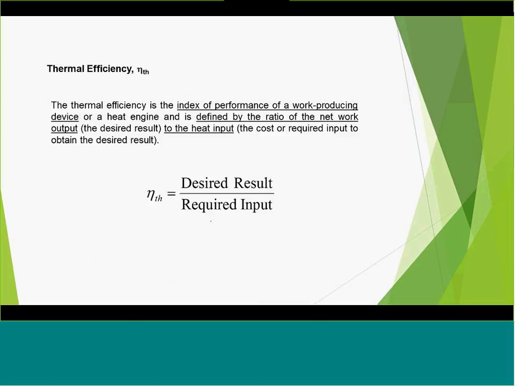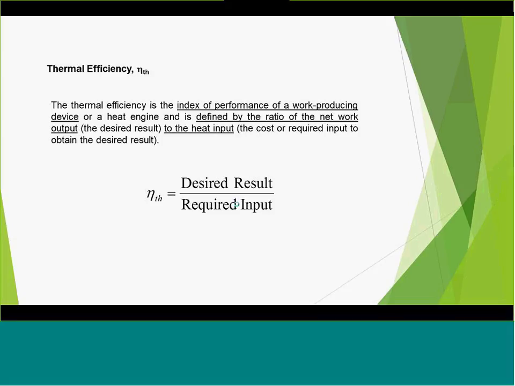Basically we have certain efficiency values. The performance for work-producing devices, a heat engine, is defined by the ratio of the net work output to the heat input. So you have the desired result and the required input.